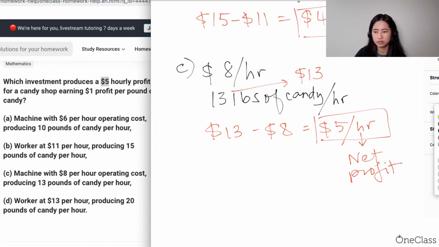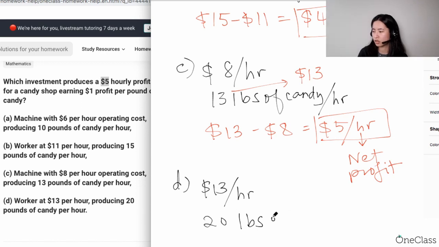That's why it's C. And then for part D, just so you're interested in why it's not D, if you have the worker at $13 per hour, producing 20 pounds of candy per hour, we're going to say that this is $20.